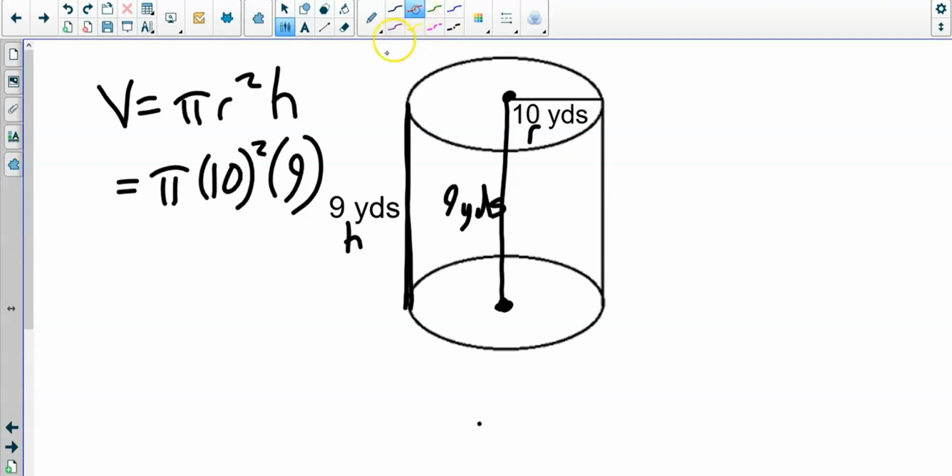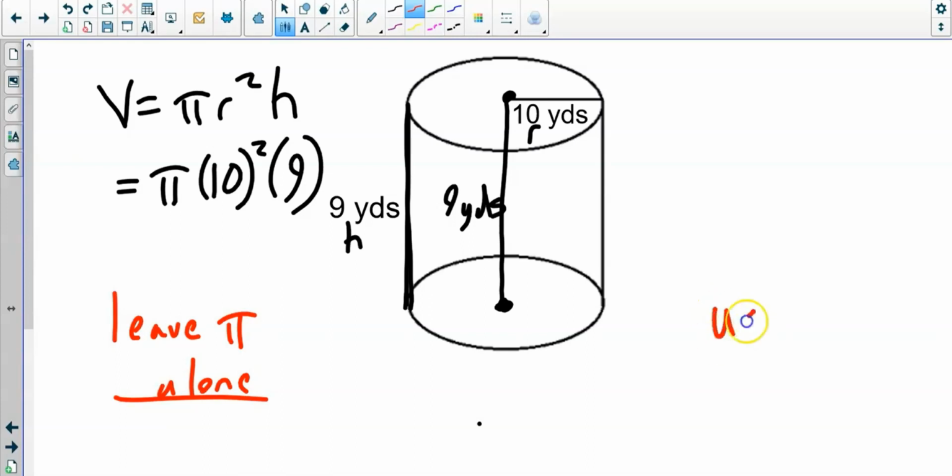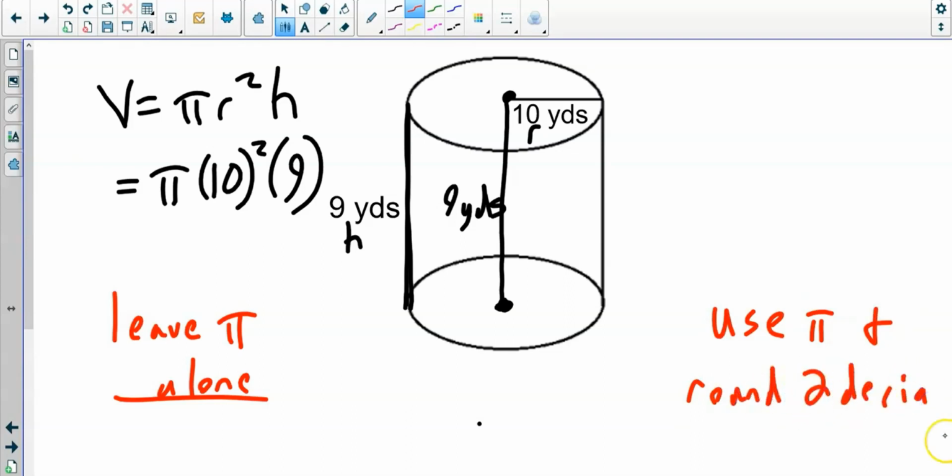They'll want one where you leave pi alone, and then one where you actually use pi and round to decimals. Maybe 3, maybe 1. Just make sure you read those directions.